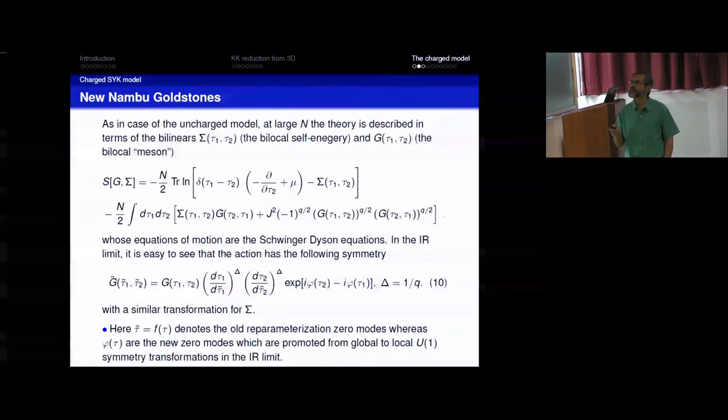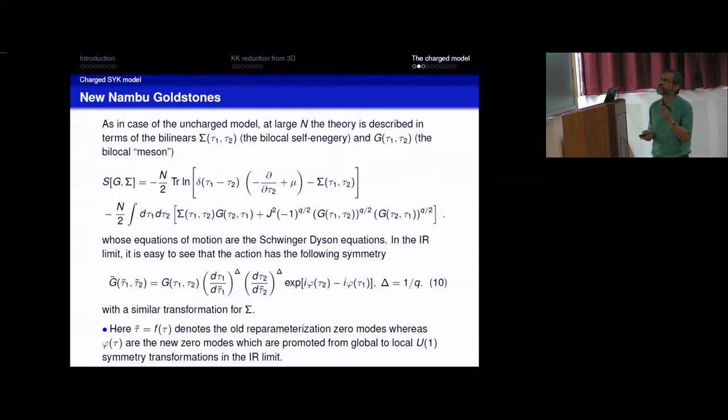So this sigma of tau 1 tau 2 is the bilocal self energy, and G of tau 1 tau 2 will now be like psi dagger tau 1 psi tau 2. So that's the bilocal meson with a charge 1 object at tau 1 and a charge -1 object at tau 2.